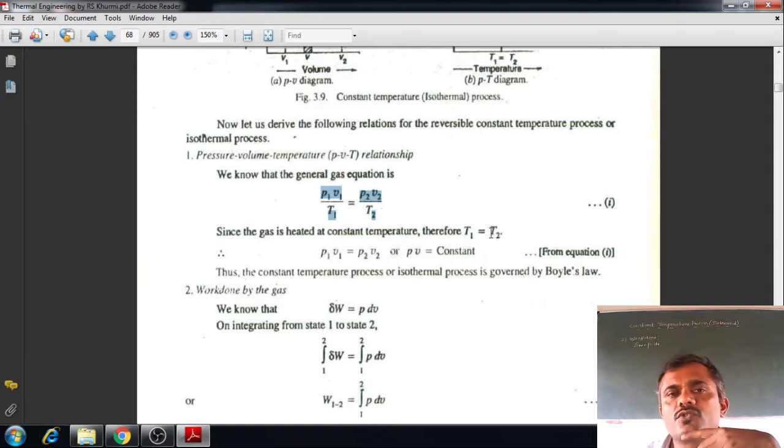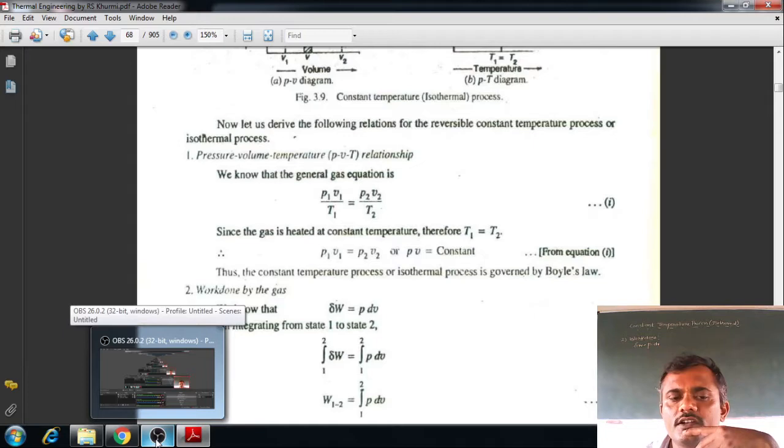Temperature 1 is equal to temperature 2, because of which, in this general gas equation, T1 is equal to T2, so we can take the remaining terms: P1 V1 is equal to P2 V2, and so on. Generally we can write it as PV is equal to a constant.